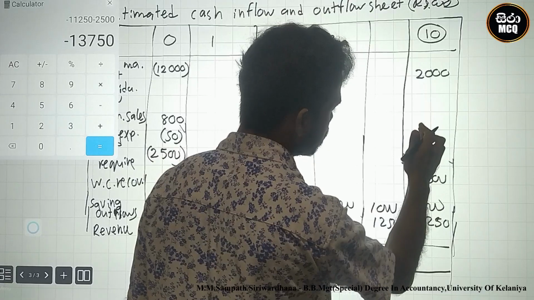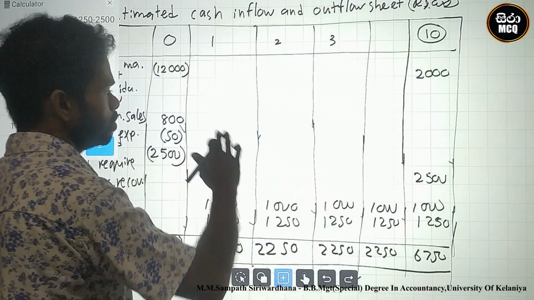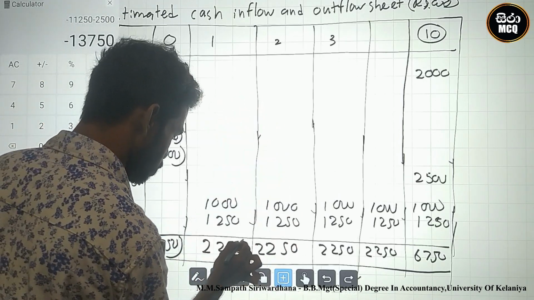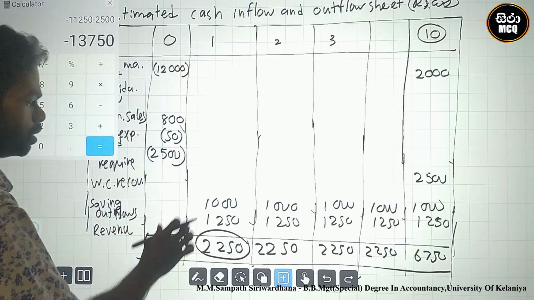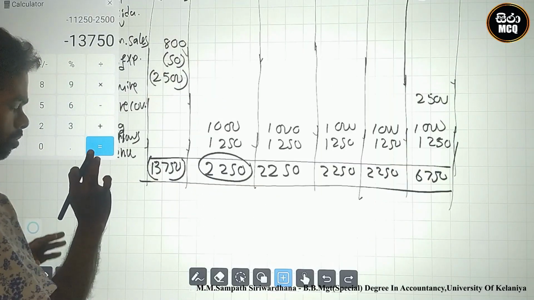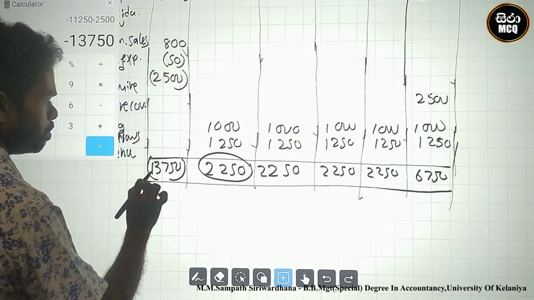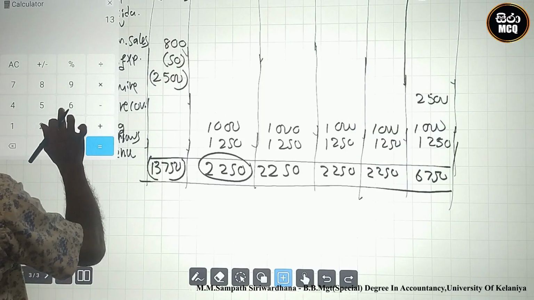The final year is 675. The other years, 1, 2, 3, 4, 5, 6, 7, 8, 9, are the same, 2,250. At that point, how can we recover these 13,750? I type 13,750 in the calculator.